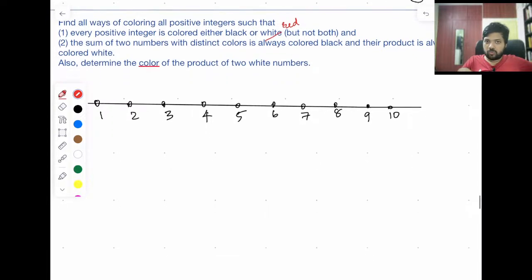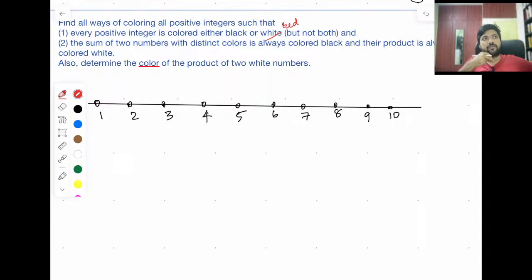So in the chat, Rishan says product condition fixes everything else. You only have freedom of choosing primes. Why? Do we even have the chance to prove primes?